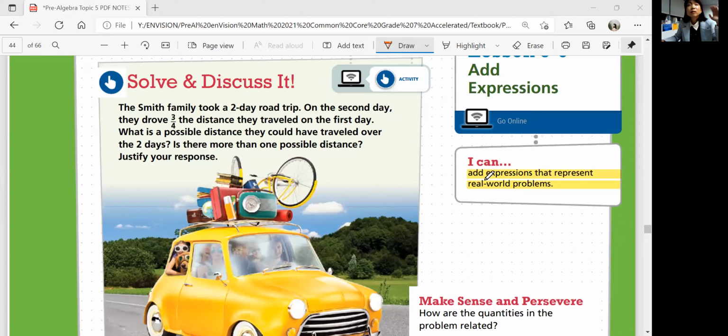So we have the distance in miles and what else? The distance in miles on the first day versus the second day and the total distance they traveled, right?